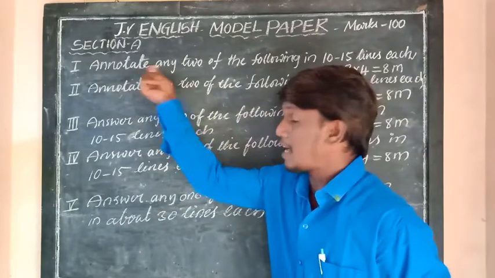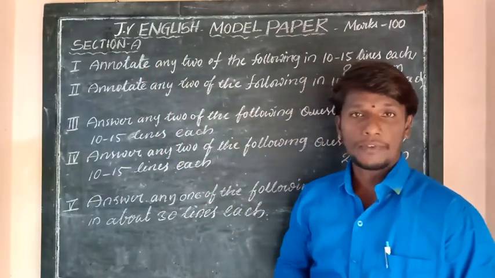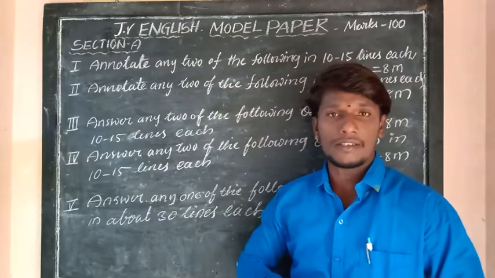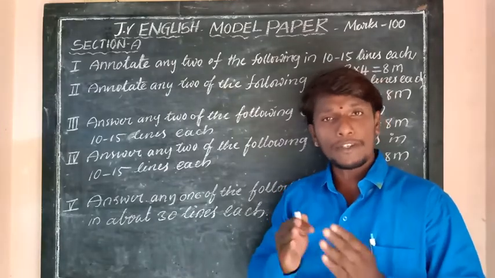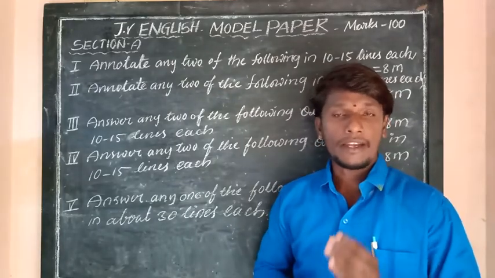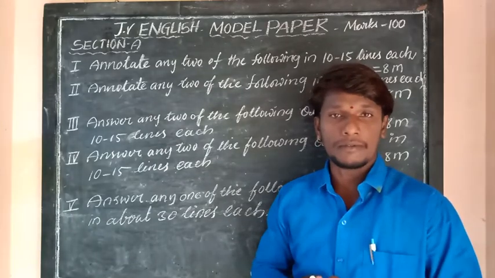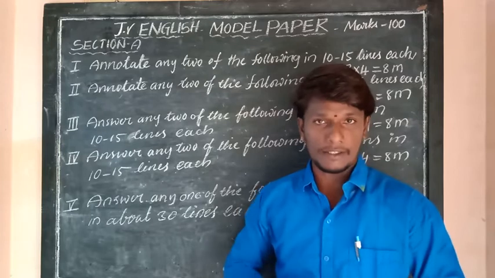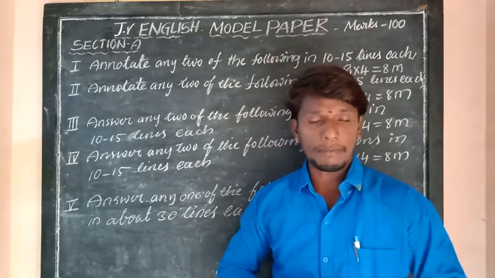So these are the annotations. What do you mean by the word annotation? Annotation is nothing but you need to write reference, context and explanation. That means you are given 2 lines from the prose lessons.